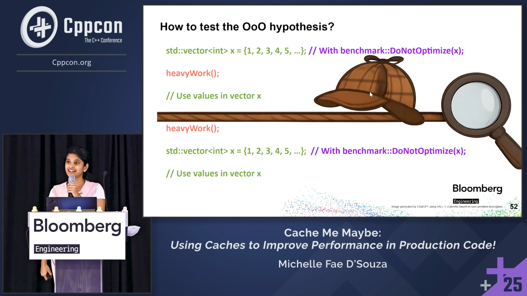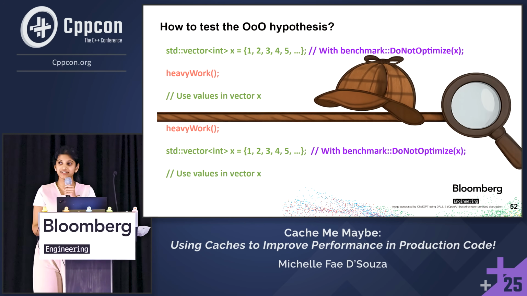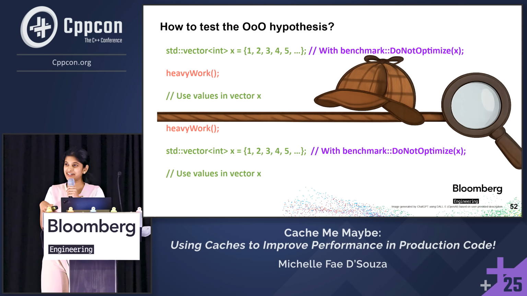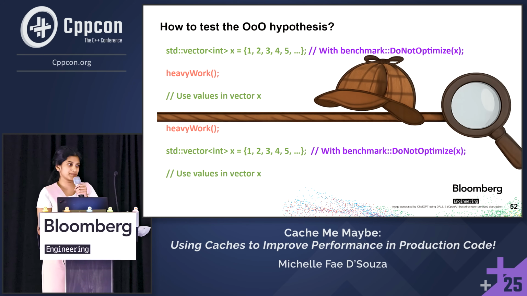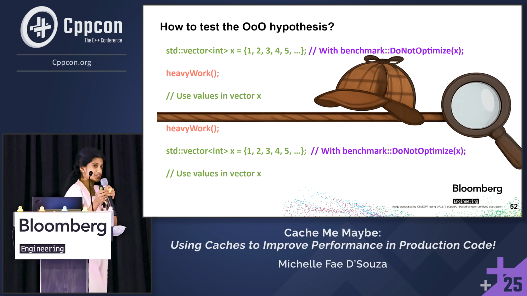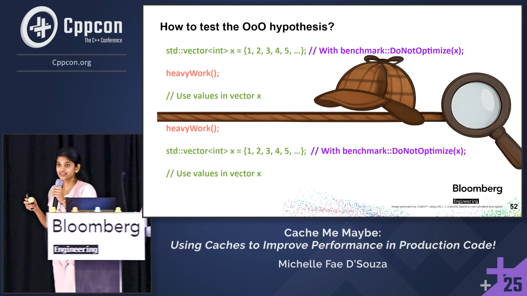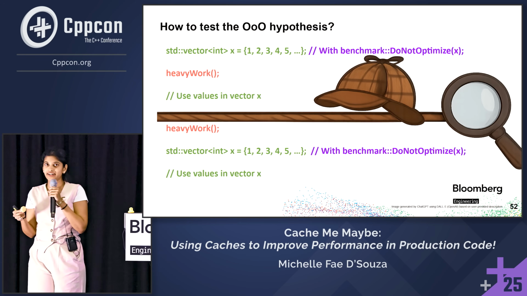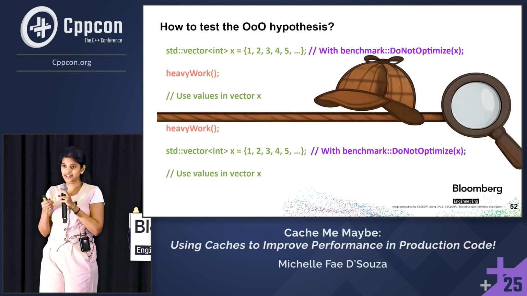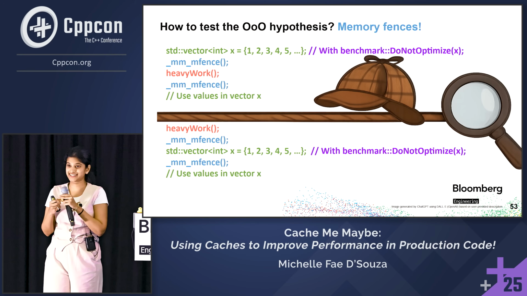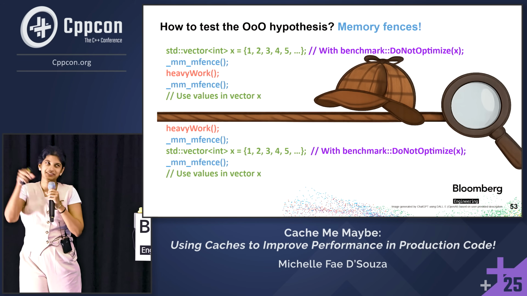So how do you test this out-of-order hypothesis? Yes, I know there was a mention of some special instructions, but what? What can you do to this code to test this? Anyone? Memory barrier. Yes, correct. So memory fences, basically. Same thing.